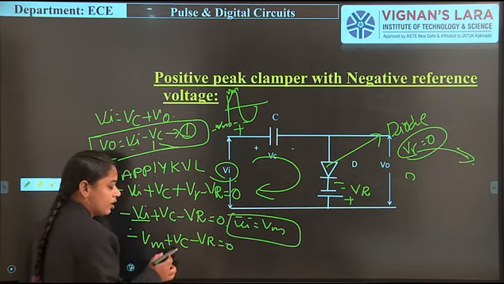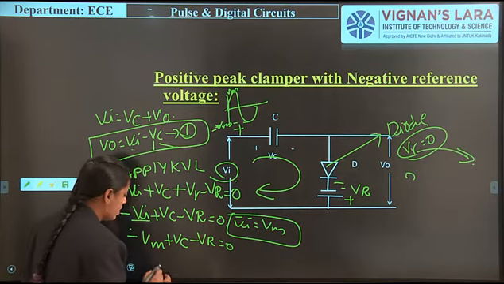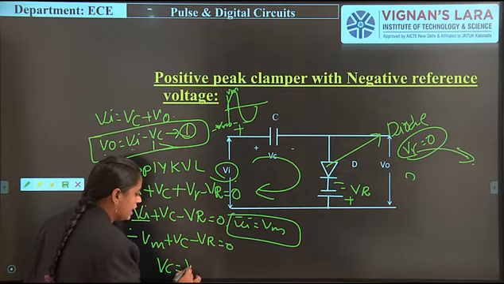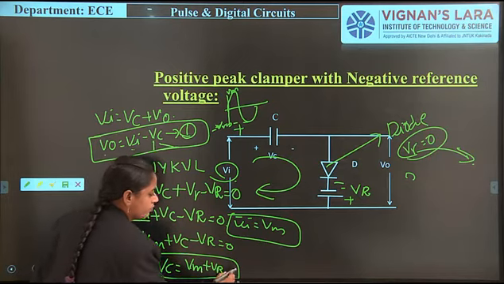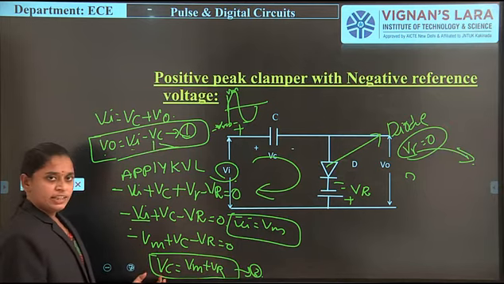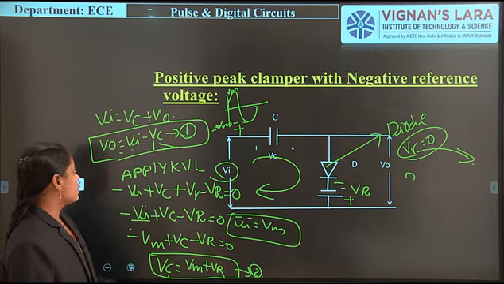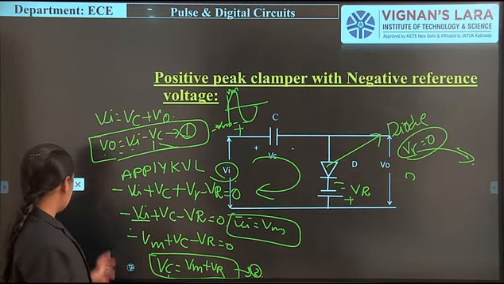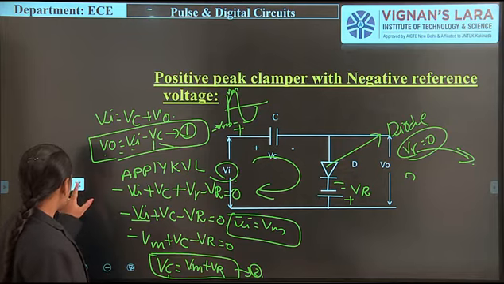Which value do we have to find? We have to find the value of Vc. So Vc is equal to Vm plus Vr. This is equation number 2. By applying KVL we found the value of Vc. Now substitute this value in the equation.